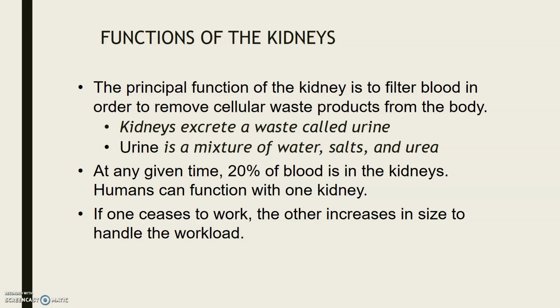So that's a very busy organ, and it pumps a lot of our blood through it. Now, you may have known someone that has had a kidney removed for whatever reason, or donated a kidney to someone in need. Importantly, humans can function with only one working kidney. In fact, if one stops working, the other increases in size to handle the increased workload.